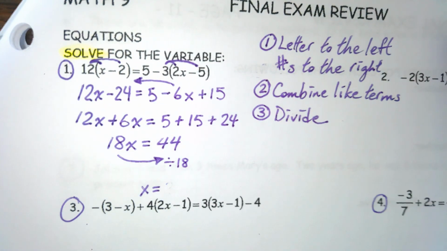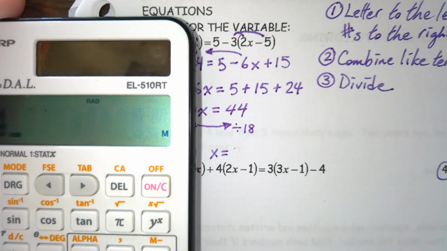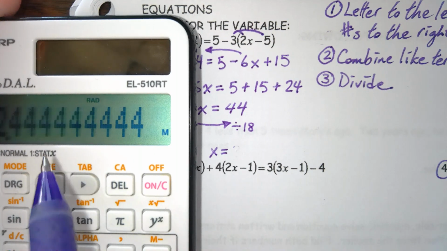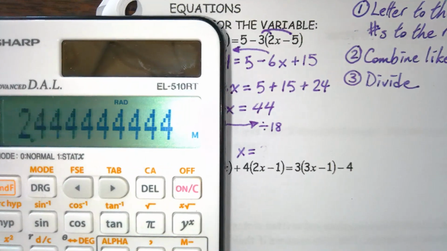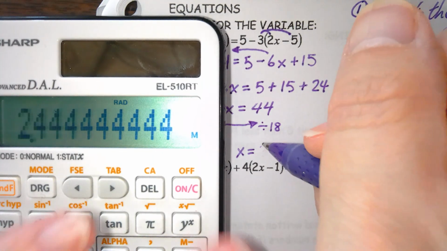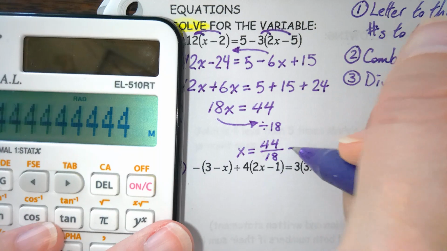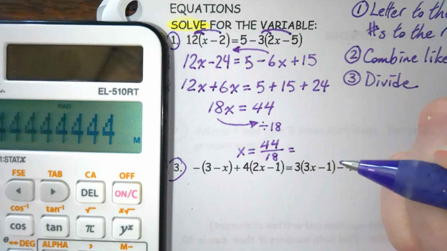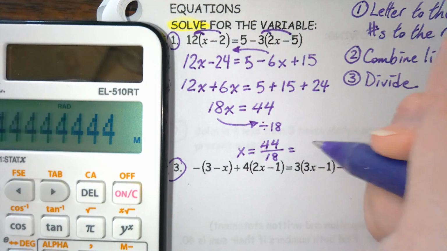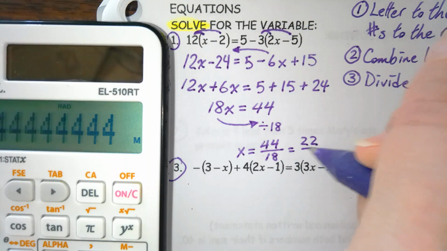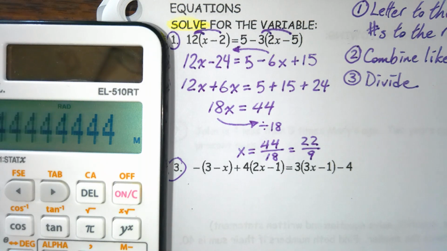On the test, if you do 44 divided by 18 and write me the answer 2.4, you're gonna lose half a mark. Why? Fraction. Leave it as a fraction. So 44 over 18, and then reduce that. Since both numbers are even, I know that 2 goes into both, so I can do 22 over 9.